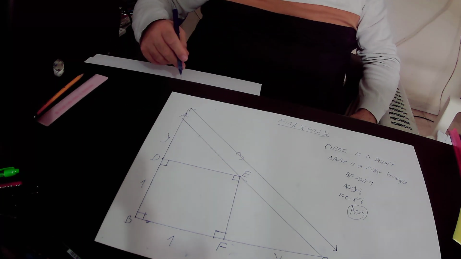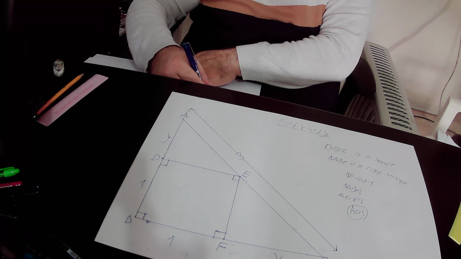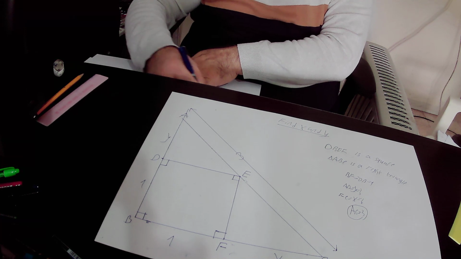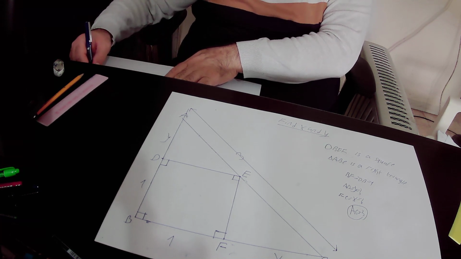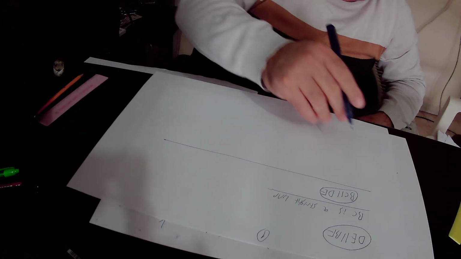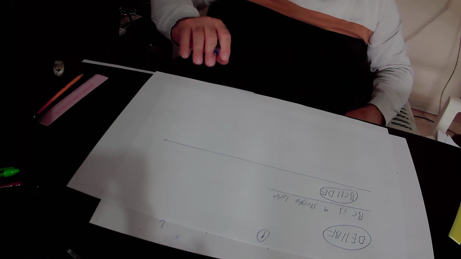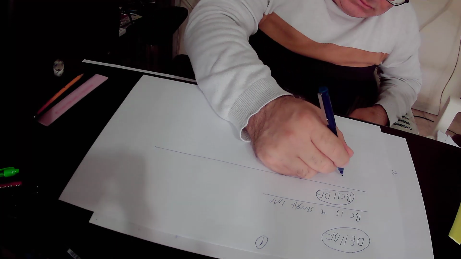And we have rule number 1. According to rule number 1, corresponding angles between parallel lines are equal to each other. I write it down.